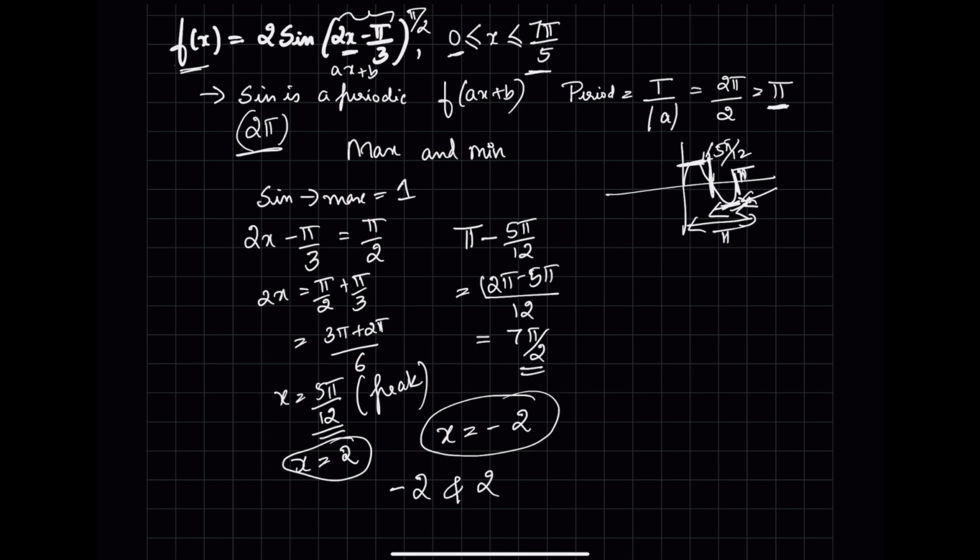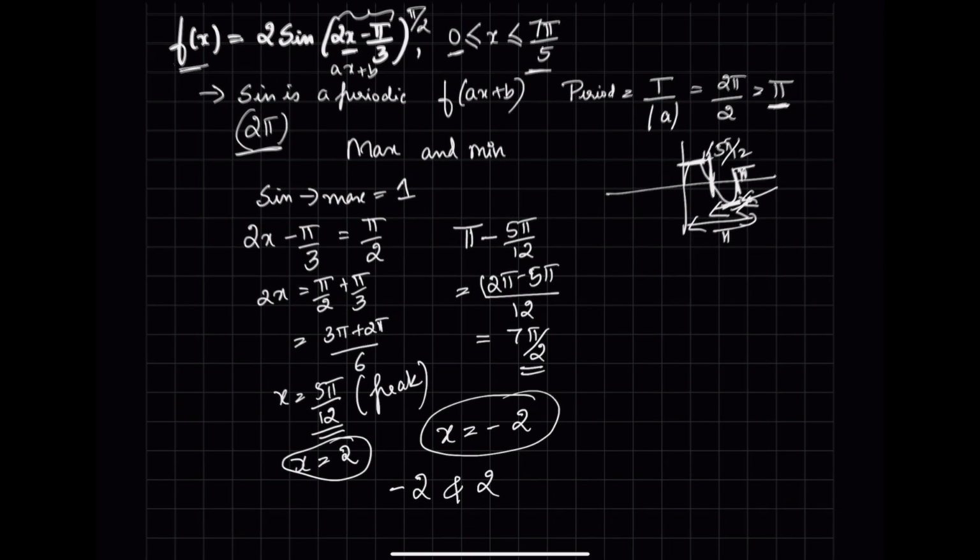These are the peak and dip of the graph we'll find. Before you plot, there is a minor correction here. This is 7π/12, where this is the dip, and the value is 2 because it is 2 times sine of π/2, which is 90 degrees. So 2 times 1 is 2, and in the same way the negative is −2. That is what these peak and dips are.